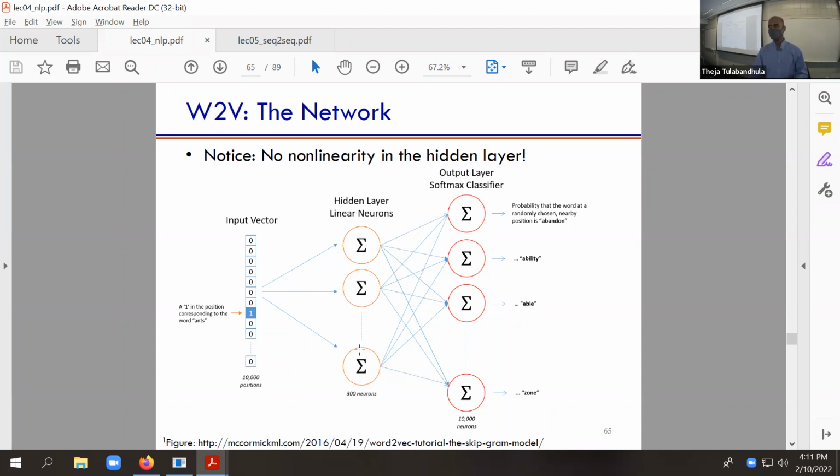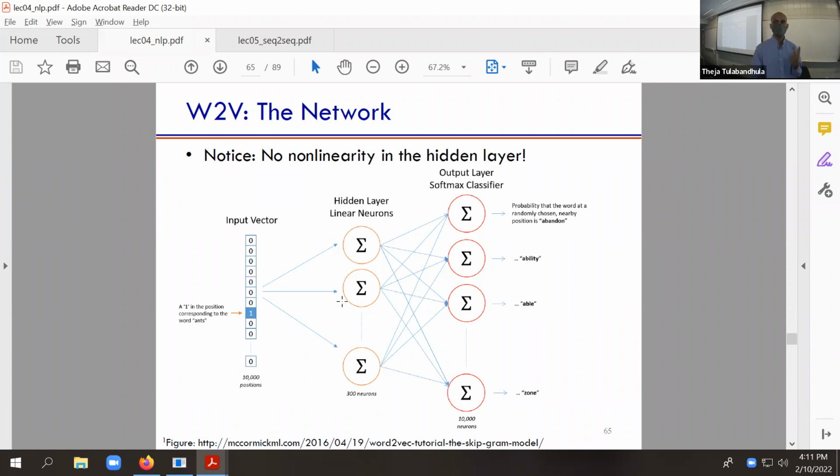Now this hidden layer has no non-linearity. Then you may say, hey, what is the point? It's equivalent to literally a linear classifier. That's true, but there's a particular choice that we made here already, which is that we picked 300 neurons. It turns out that this number of neurons is the dimensionality of your word embedding. Although the network is this, we're going to interpret a part of it to be W and a part of it to be related to the classifier.